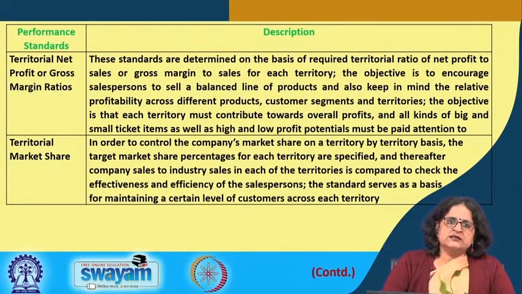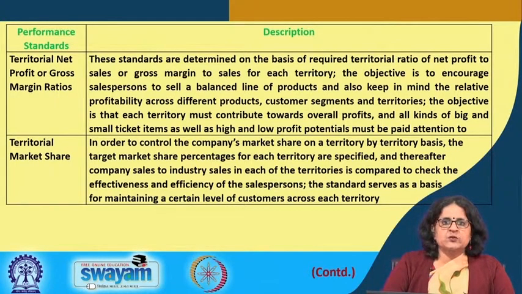After this, the company sales to industry sales in each of the territories is compared to check the effectiveness and efficiency of the salespersons. So the standard serves as a basis for maintaining a certain level of customers across each territory.